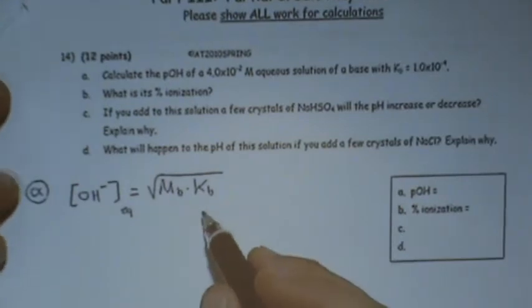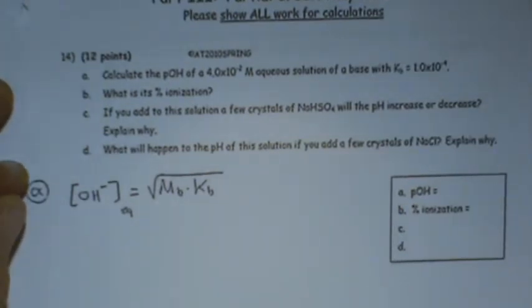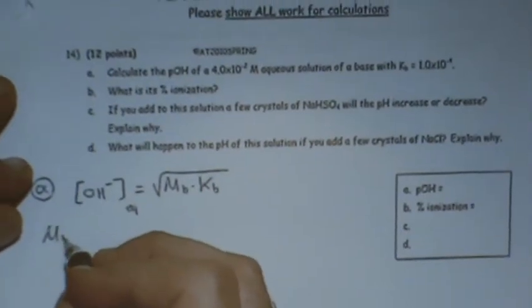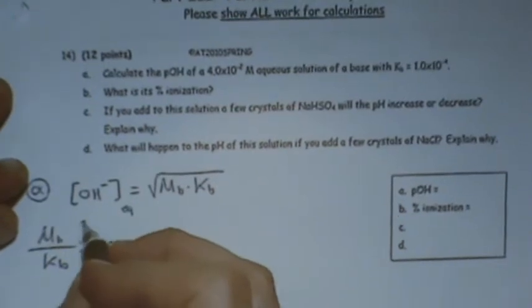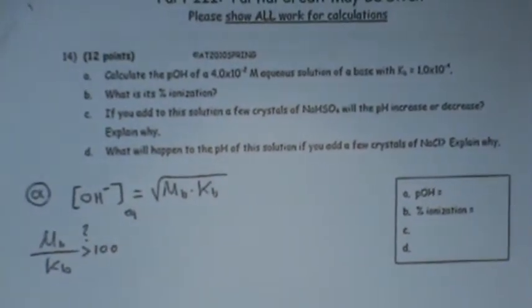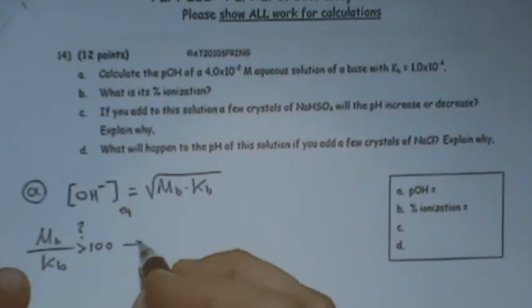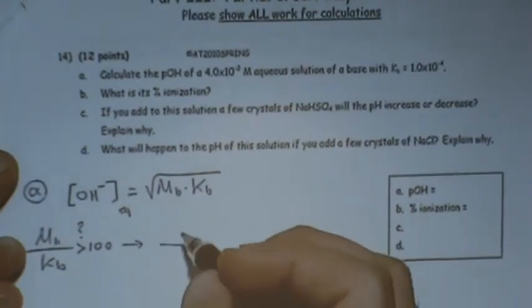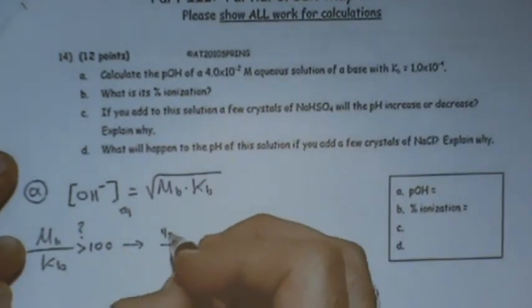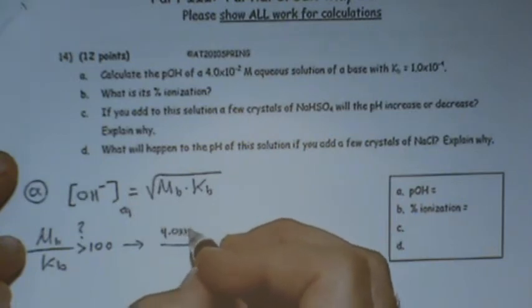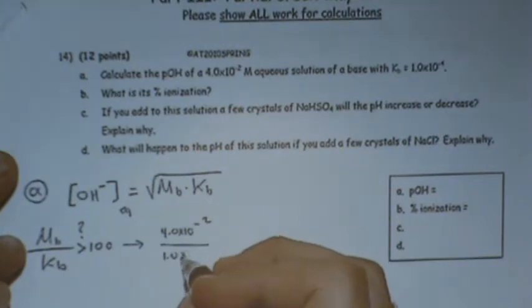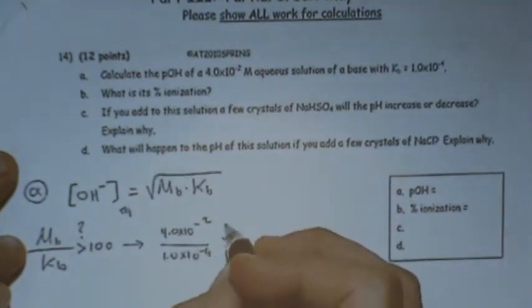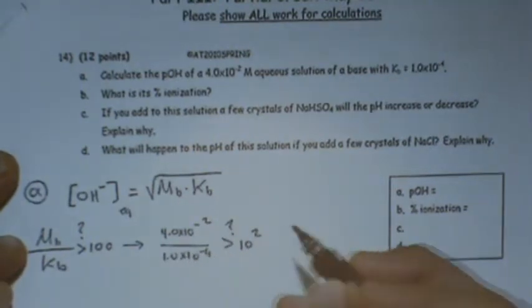We can use this equation, but before we do that, we have to check the ratio Mb divided by Kb, which must be larger than 100. So is it larger than 100? The molarity of the base is 4.0 times 10 to the minus 2, and the equilibrium constant is 1.0 times 10 to the minus 4. You're asking yourself if this is larger than 10 squared.